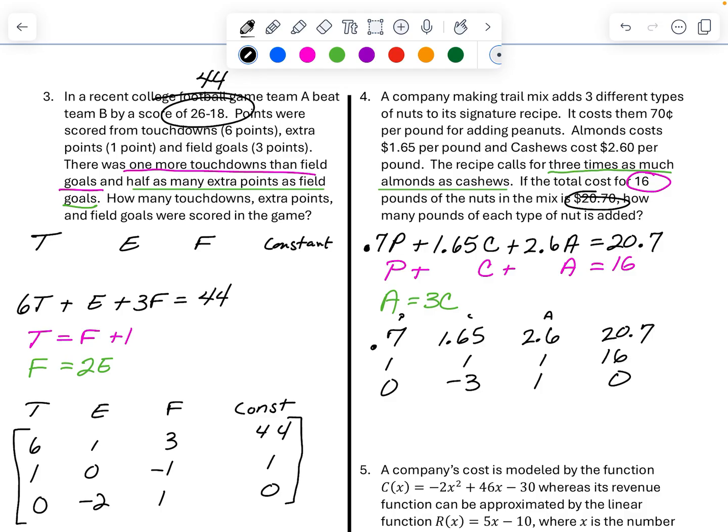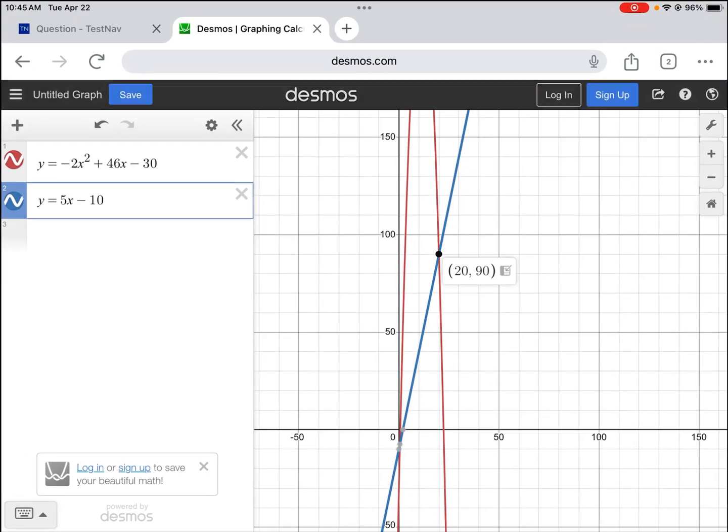The recipe calls for 3 times as many almonds as cashews. So if we have 10 cashews, we need 30 almonds. Almonds equal cashews times 30. And we're doing this in the order of PCA because peanuts come first and almonds and cashews. And the problem, what happened here?